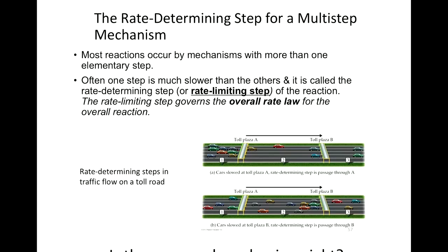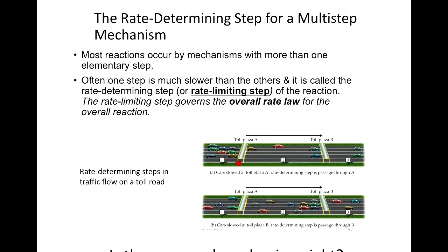The analogy we use to talk about this, if you think about there's basically 2 scenarios that we will study in this class, is like, okay, you have a highway, you have cars driving along the highway, and you have toll booths. We want to think about what is the rate of cars exiting the freeway?